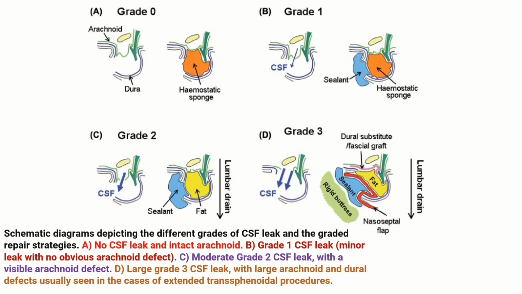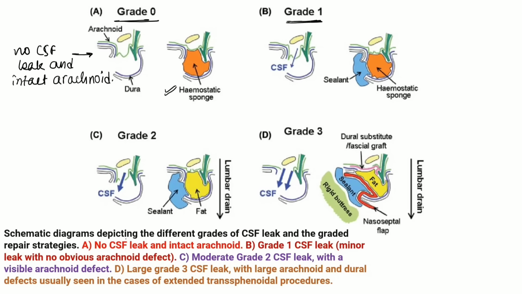So in this very picture we can well understand that this is grade 0, where there is no CSF leak and intact arachnoid. Okay, this is grade 0 where only a hemostatic sponge can be applied. Grade 1 is where there is a minor CSF leak with no obvious arachnoid defect.